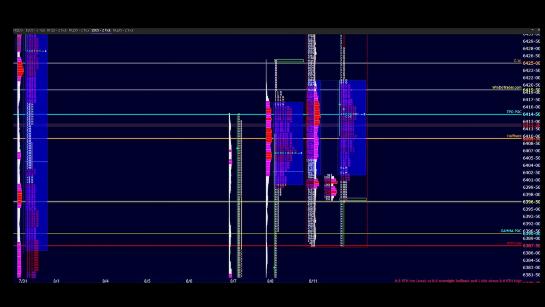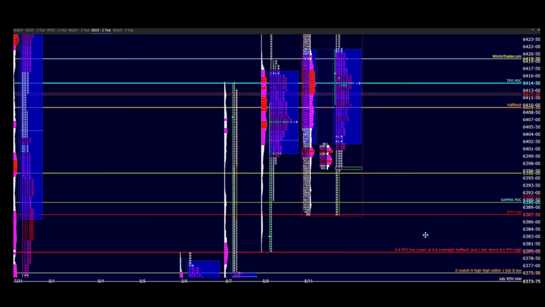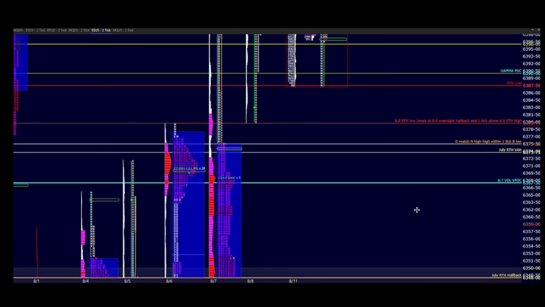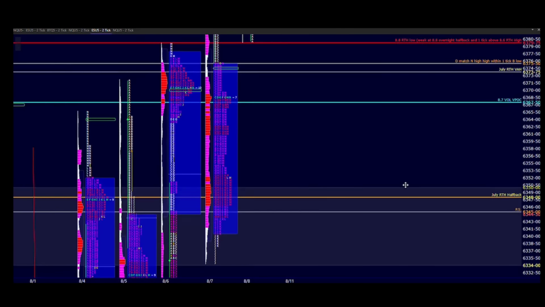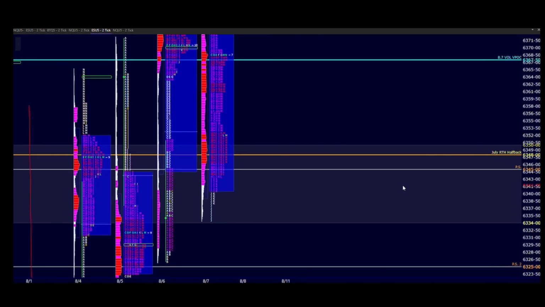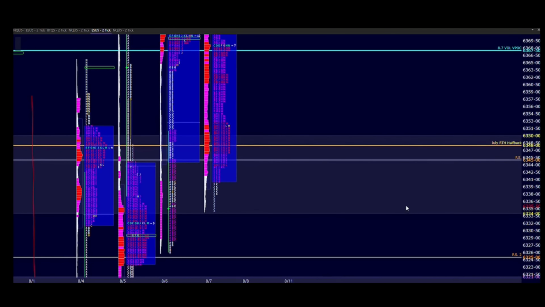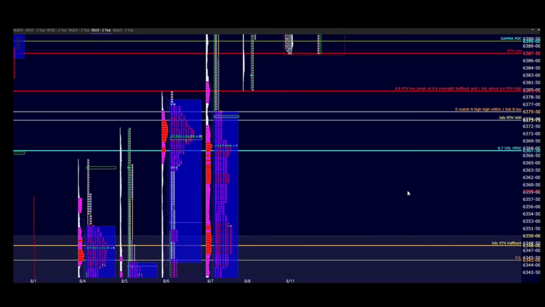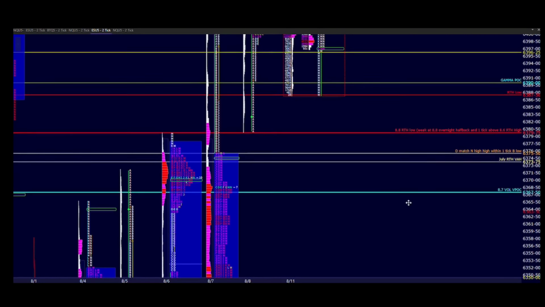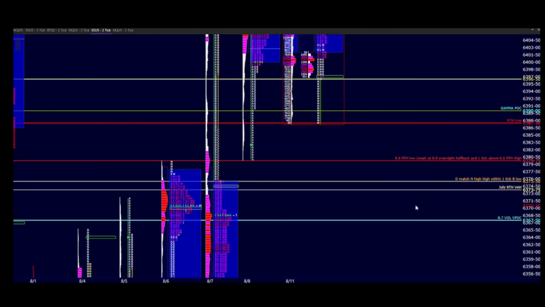In terms of the downside, the last reference I will leave you guys with is down at 63.25. We lose that tomorrow, and the market can really pick up some pace.